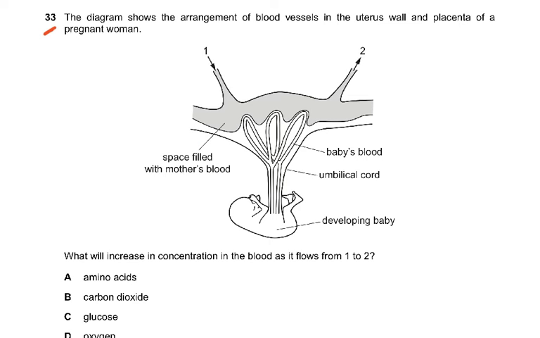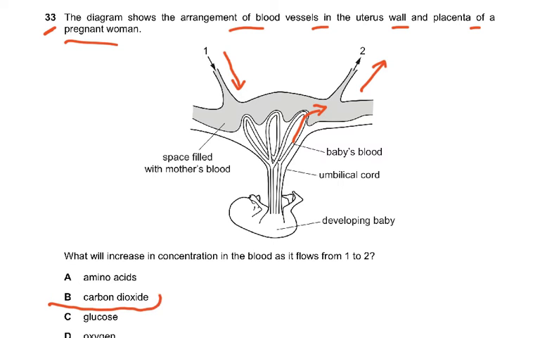Now, question 33. The diagram shows the arrangement of blood vessels in the uterus wall and placenta of a pregnant woman. What will increase in concentration in the blood as it flows from 1 to 2? So 1 is coming in, and then all the waste is going from the fetal side, and then going out of the uterus. So what we have to understand is what is going to increase in concentration.